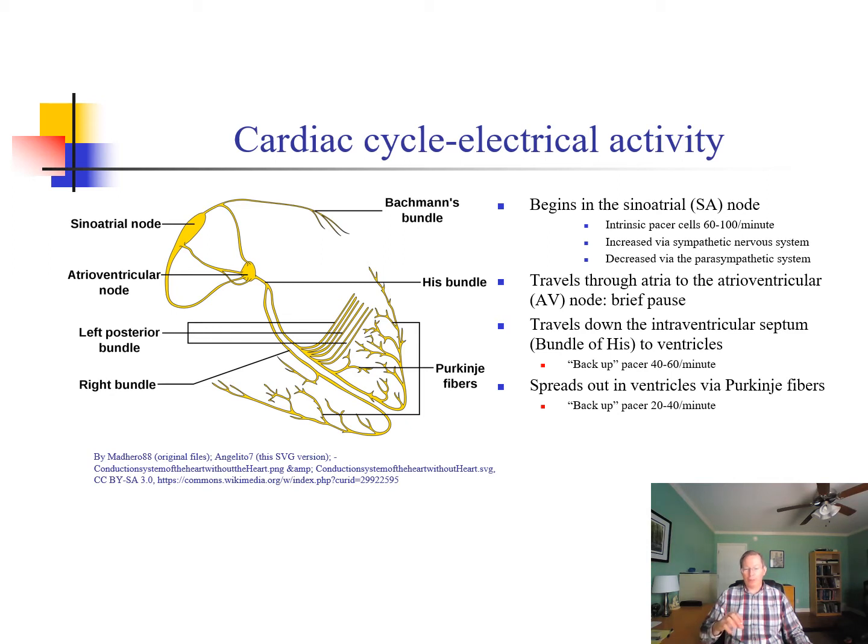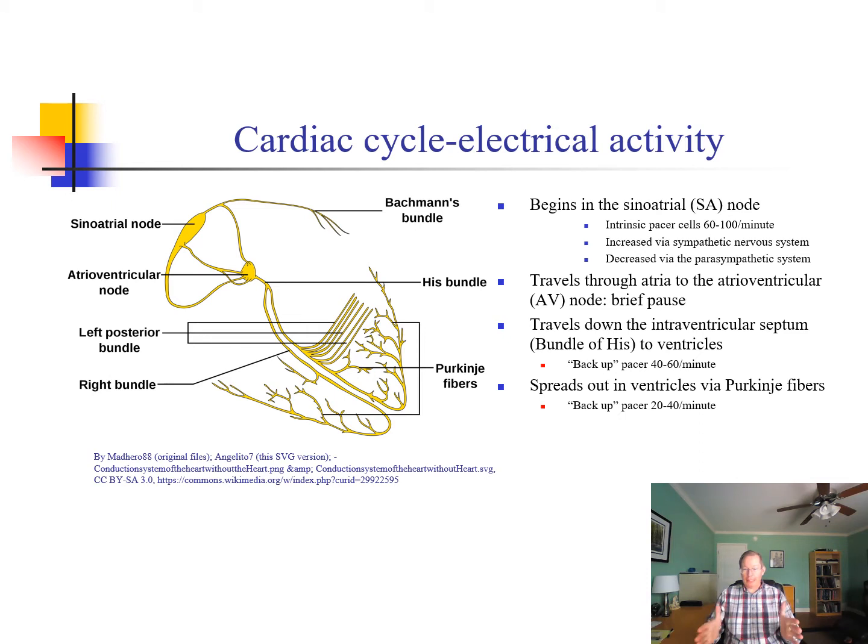But this electrical activity will start with these SA node pacemaker cells and then propagate through the atria and come to a point at the atrioventricular node, or the AV node. This is located between the atria and the ventricles, ergo the name. And there it's going to collect the signals and pause just a brief time to make sure that what is further propagated through the heart is a concerted signal. So once that pause has occurred, the signal will be conducted through the AV node down the bundle of His.